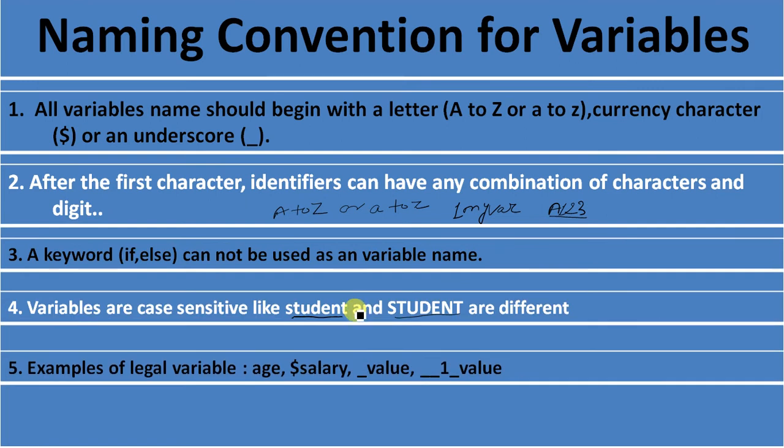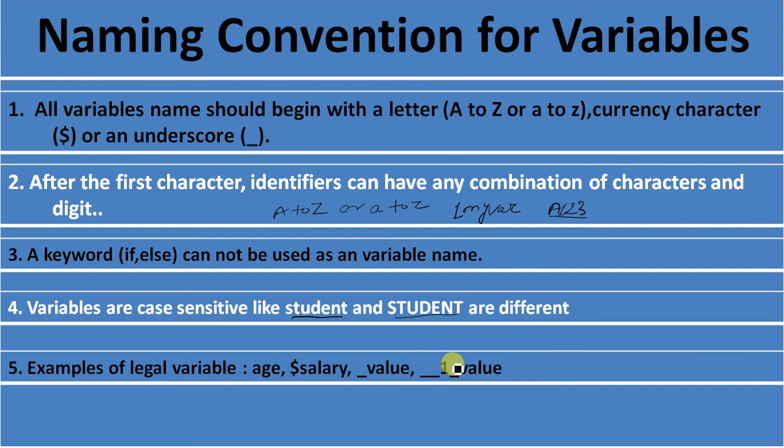Number five is examples of legal variable names: age, Age, $salary. It means you can start your variable name with a dollar sign. You can start your variable name with an underscore, or with two underscores then a digit then a value.